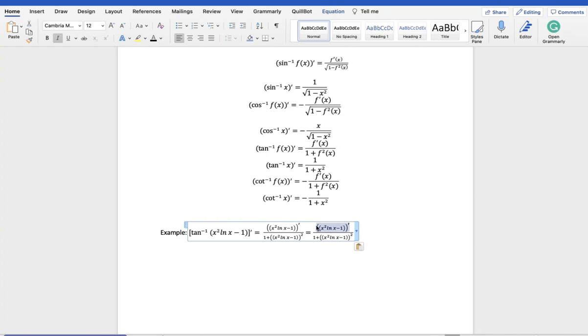But if you look at the derivative of x squared ln x, you have a product there. And that will just be equal to the derivative of x squared, right? Multiplied by ln x plus x squared multiplied by the derivative of ln x, right?